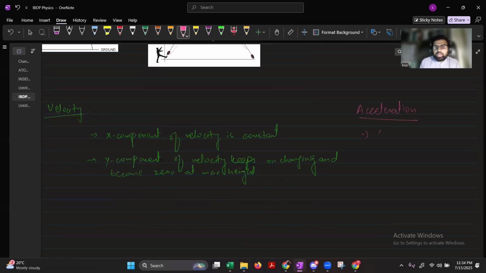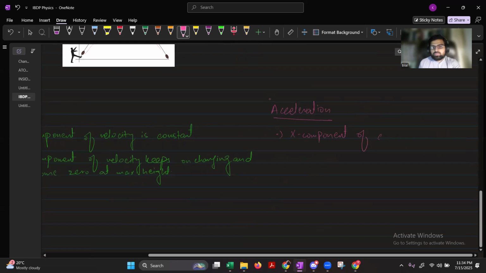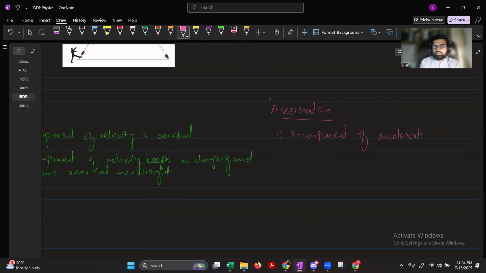So we can assume from this that the x component of acceleration is zero because velocity is constant along the x-axis.